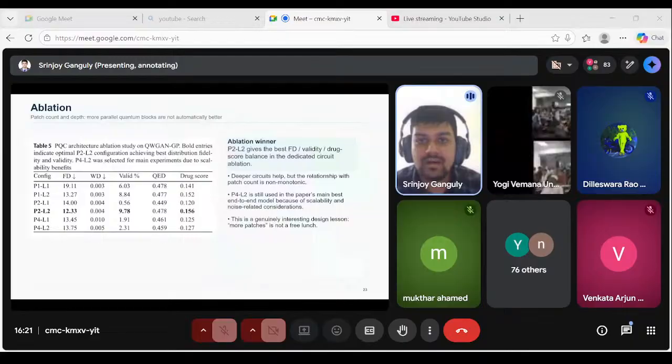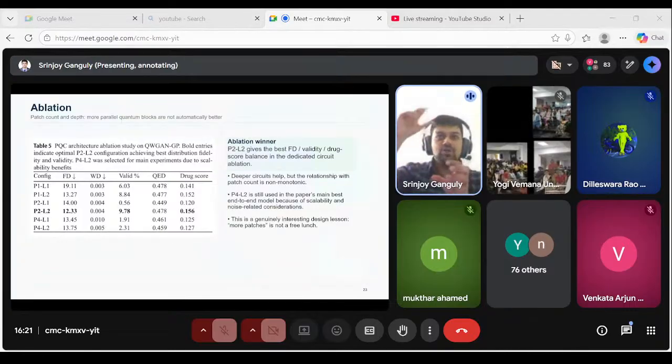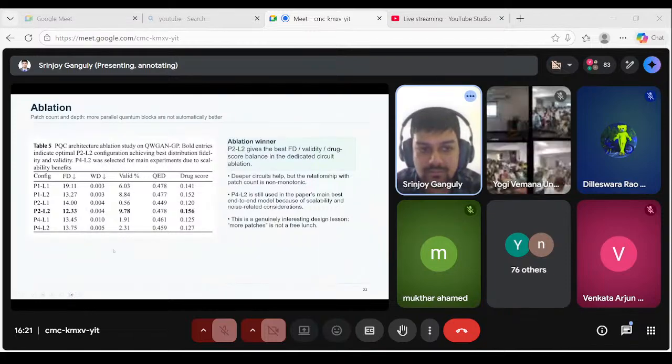And again, for ablation studies, we have compared different patches. Take patch 1, layer 1. We take patch 1 with layer 2. Patch 1 means only a single 2-qubit circuit. Patch 2 means two of these 2-qubit circuits, but with different layers. We found that with P2L2, we actually get a better threshold distance, but we went ahead with using P4L2.